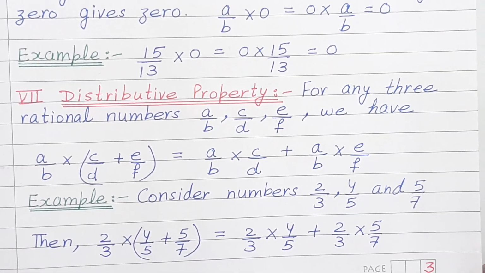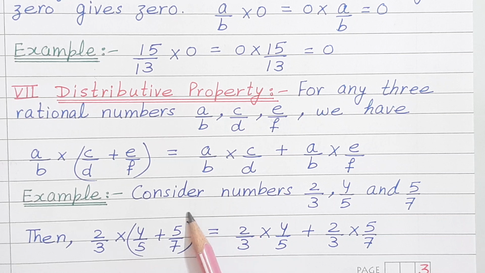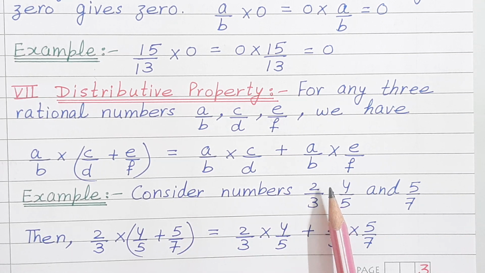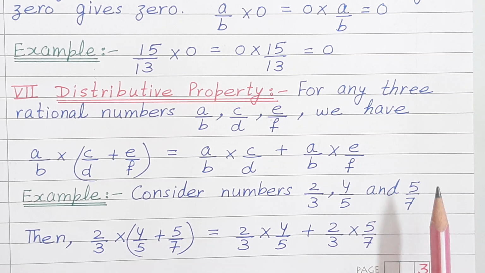Now let us consider an example. The example is, consider numbers 2 upon 3, 4 upon 5 and 5 upon 7.